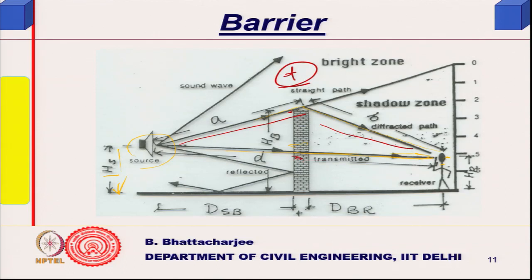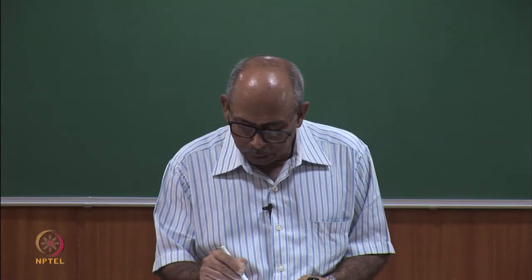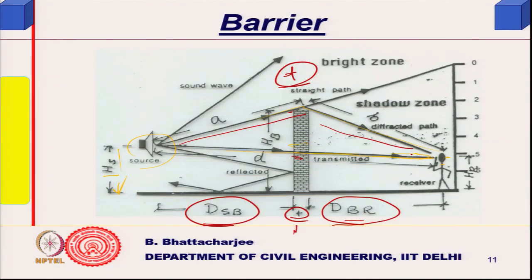So, usually T is small compared to A and B, and this one itself is DBr plus DSB. What is DSB? The distance of the source from the barrier, and the distance of the receiver from the barrier. Otherwise you will have to take half T at both places, but usually they are small.